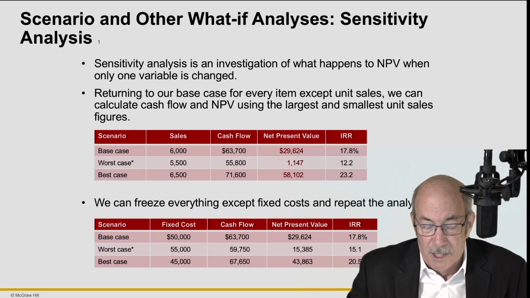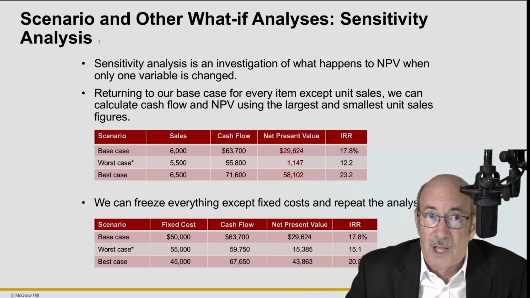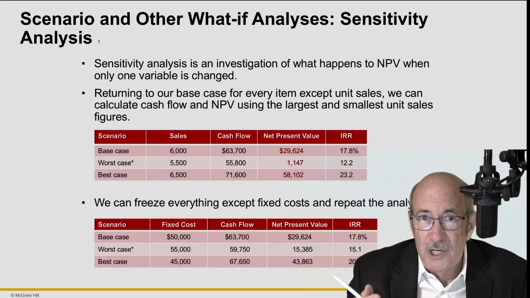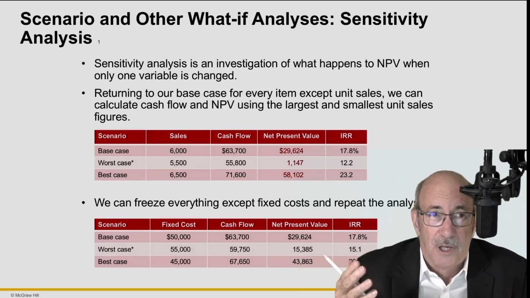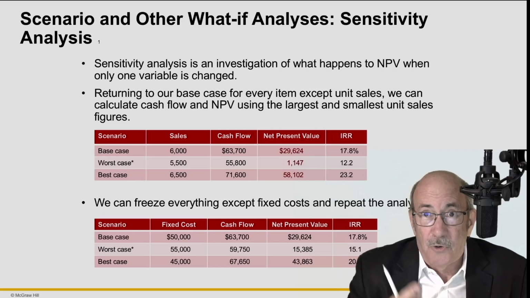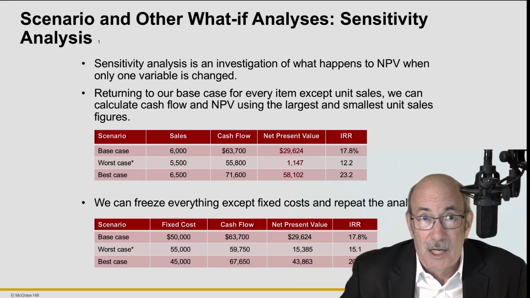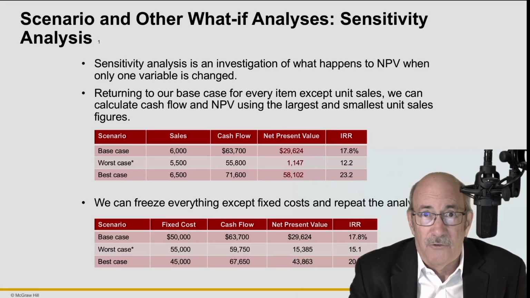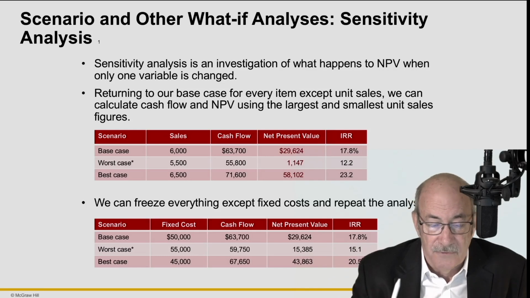All right. Now here we're looking at some sensitivity analysis. The previous slide was scenario analysis. That's where we change a variety of variables and come up with a best, base, and worst case scenario. Here we're just going to change one single variable at a time, and we're going to see how sensitive the outcome is to a change in each of these variables.